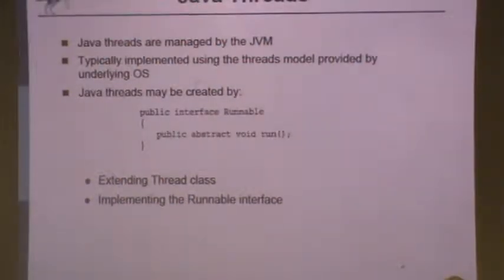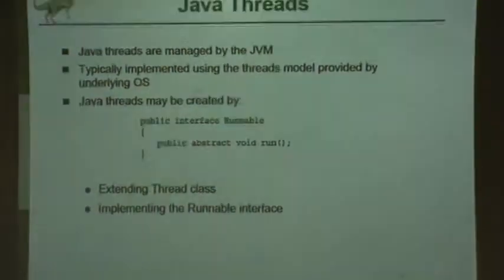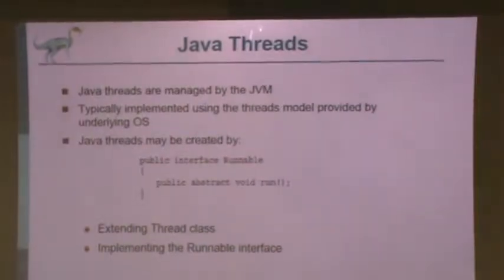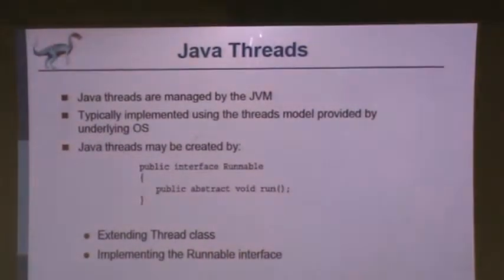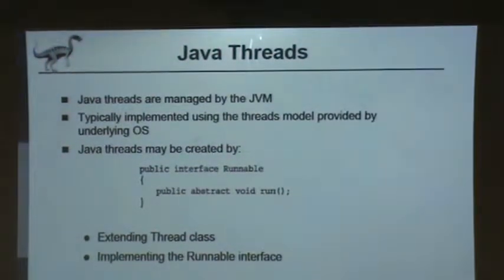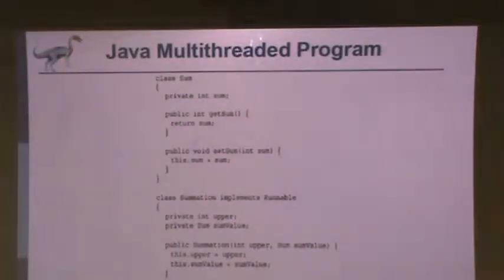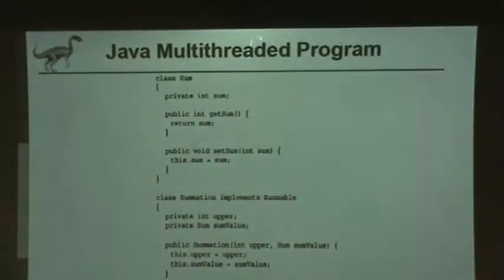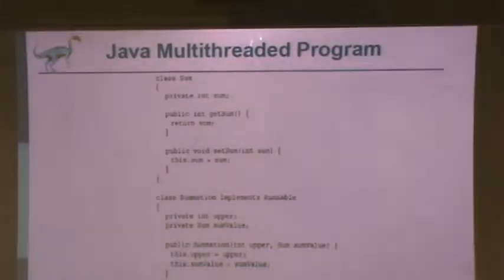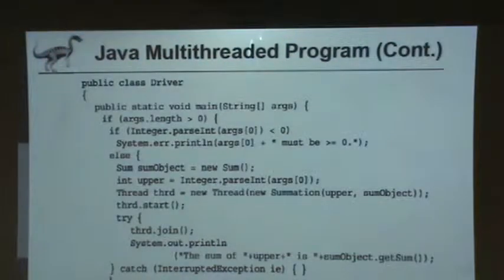Java, I think most of you are very familiar with Java threads. There are two ways you can create a thread: you can extend the Thread class, or you can implement the Runnable interface. It's the same here. The difference in this example is that it creates a subclass to get the summation result.